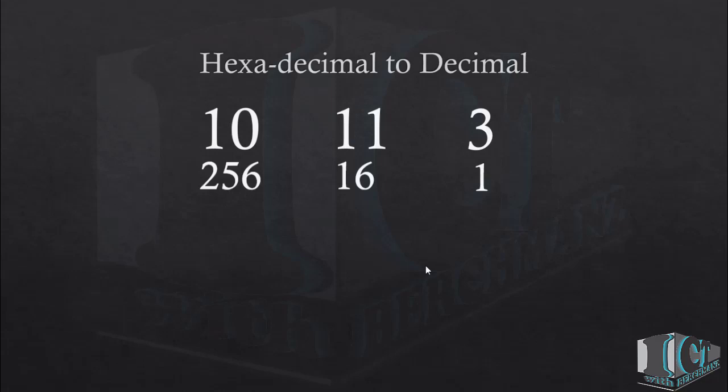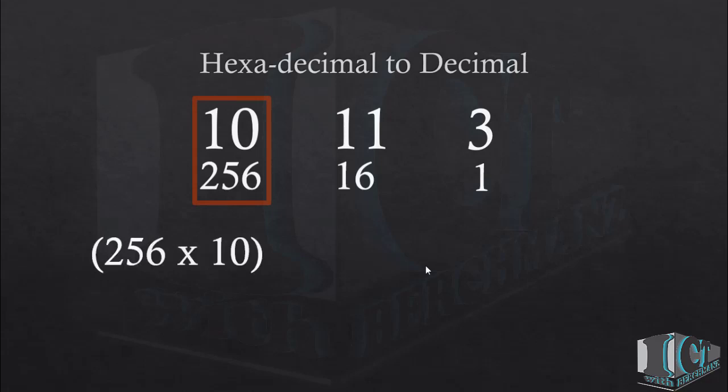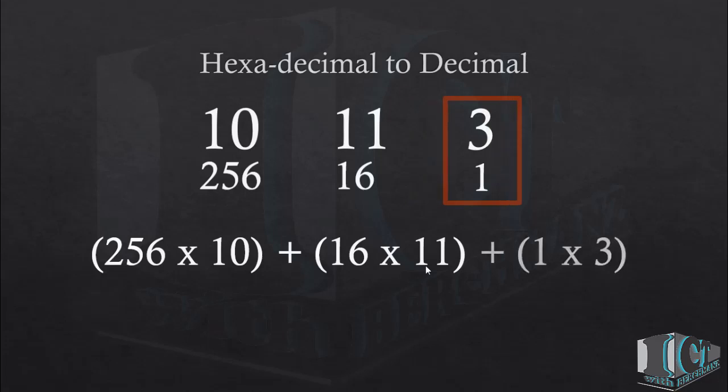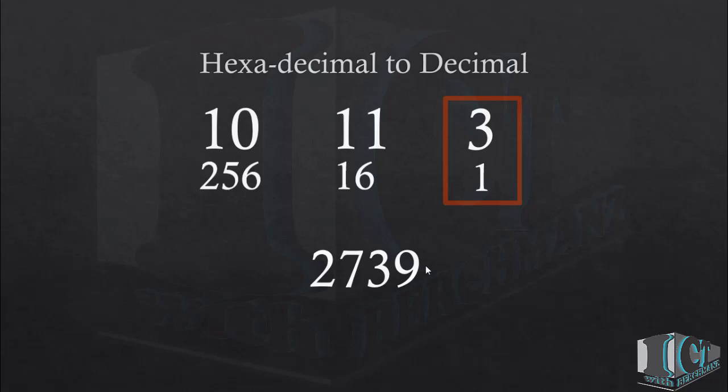Now we can do the multiplication. 10 into 256 would give me 2560. Then 11 into 16. Then 3 into 1, which will give me 2739. That is the decimal value of hexadecimal number AB3.